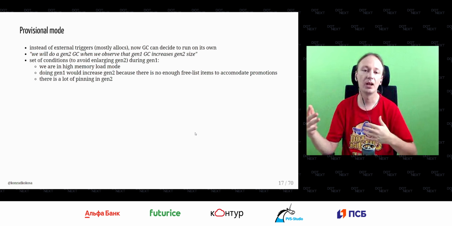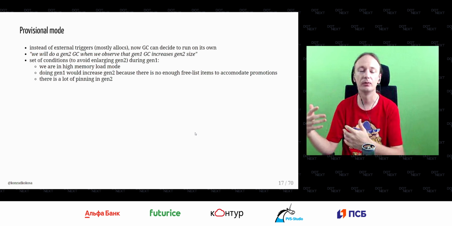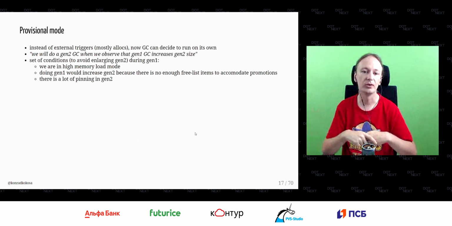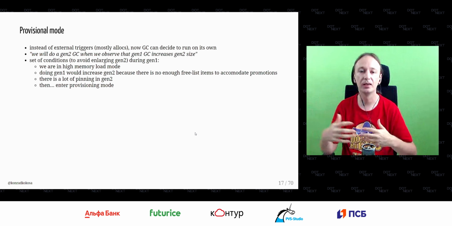And obviously we also have this condition of doing a lot of pinning, because this is the reason why we cannot fight the fragmentation by compacting. And then we enter the provisional mode, which is just the thing that I described.